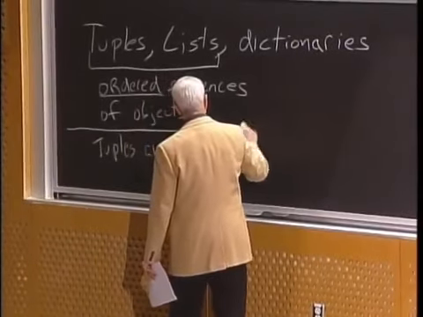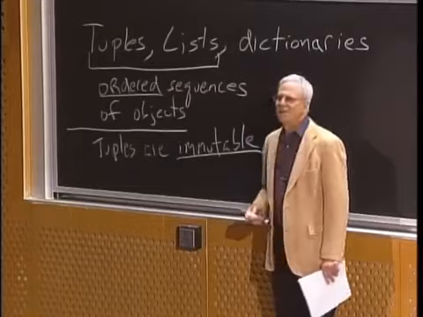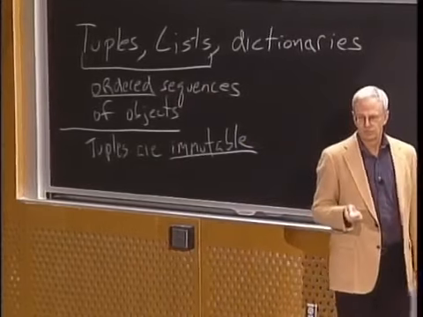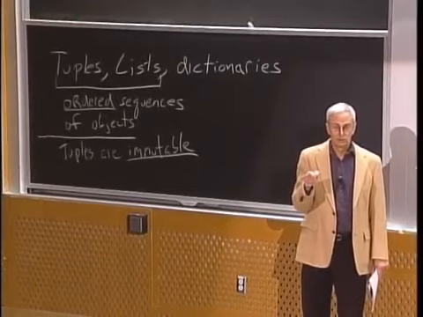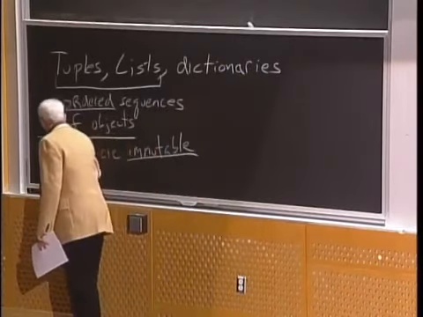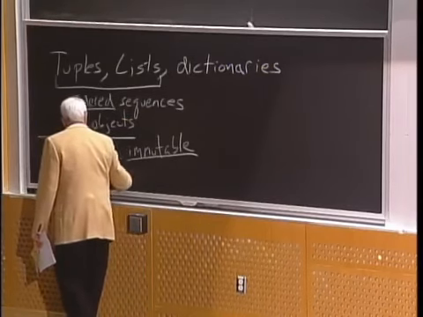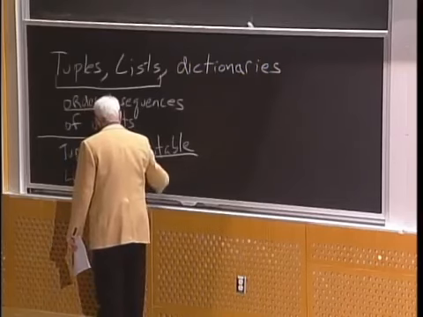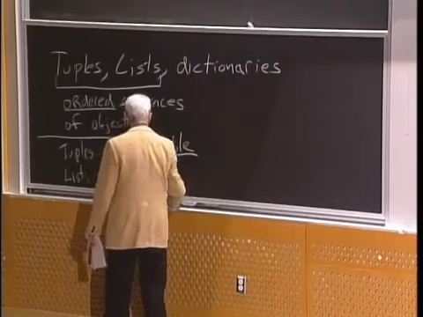And by that I mean, once you've created a tuple, you cannot change its value. You can create a new tuple, but you can't change the value of the old tuple. In contrast, lists are mutable. Once you've created a list, you can actually change it.